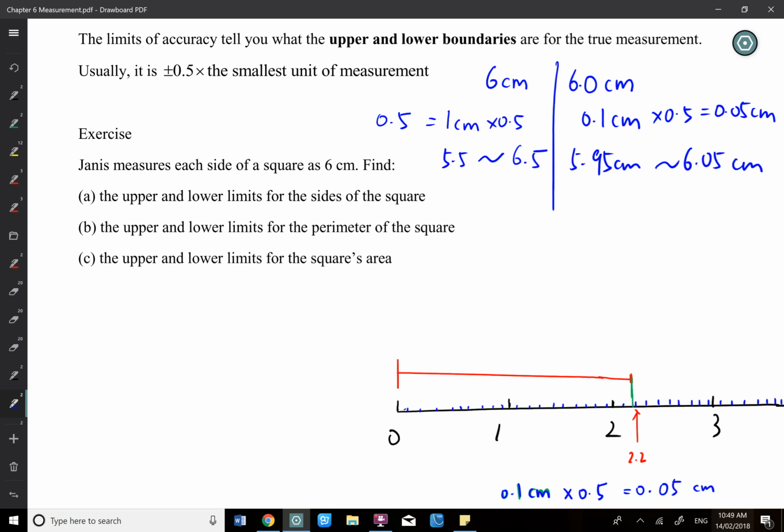That's the value you can go up and go down. For the first one, you can go up or down by 0.5 centimeter, which is quite large. But for the second one, you can only go left to right by 0.05 centimeter. That's very different. So 6.0 and 6 are the same value, but the actual meanings are different. The accuracy is different.